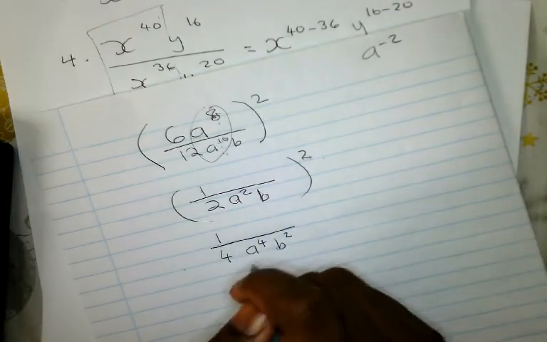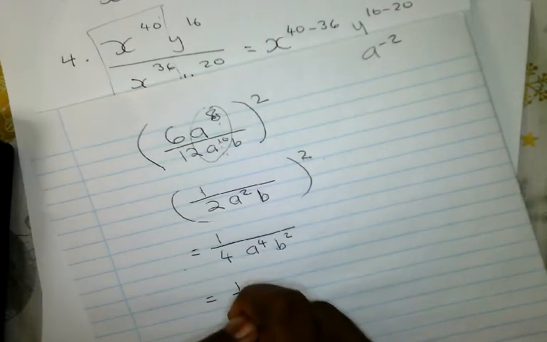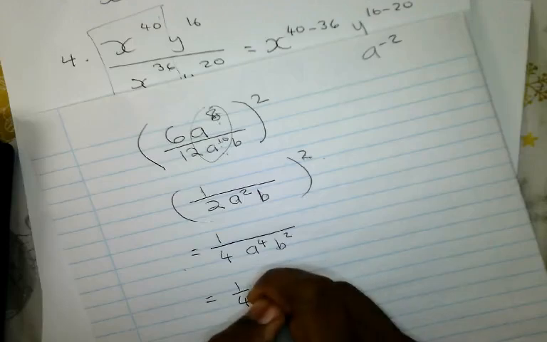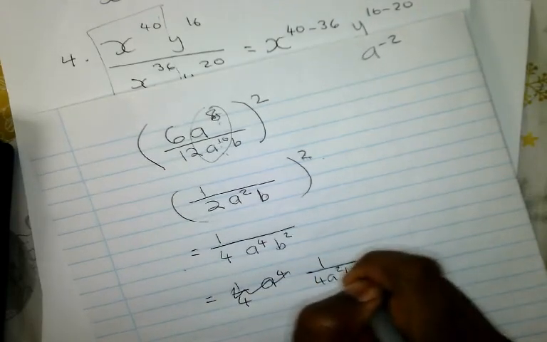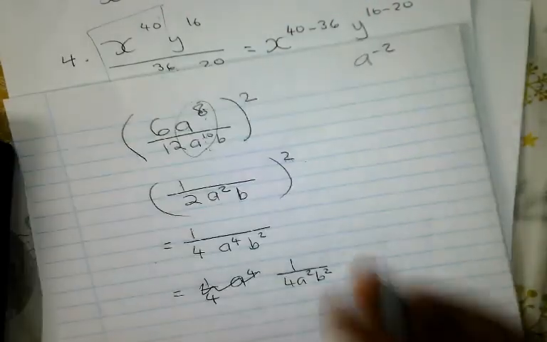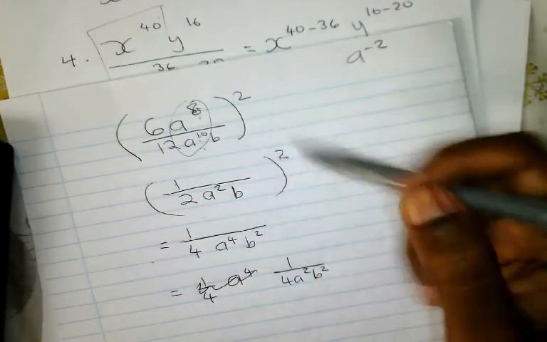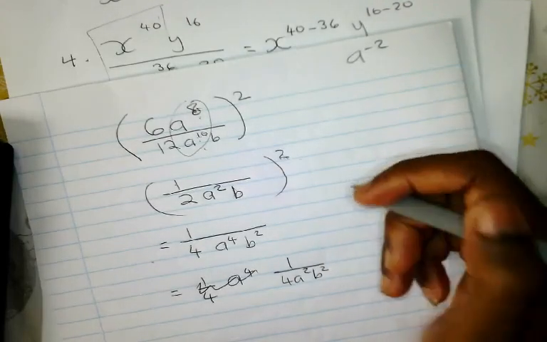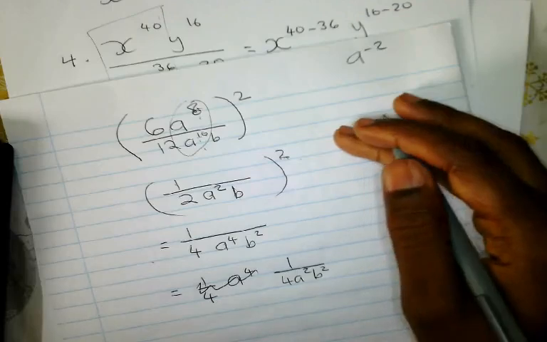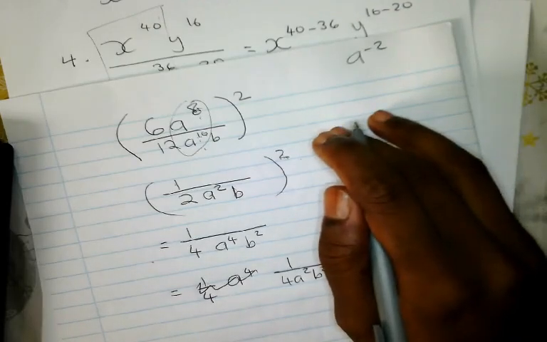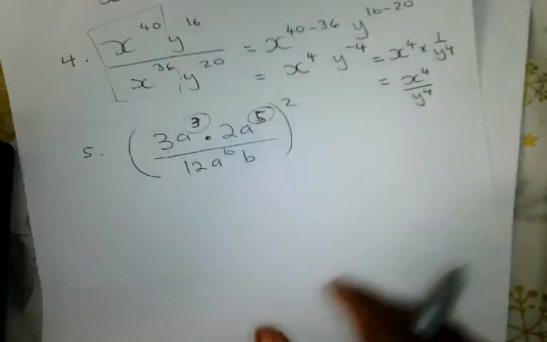So our answer is 1 over 4, with a^4 as a denominator, a squared, b squared. You can multiply in before you simplify, it works the same. But according to BODMAS, it's always easier to work inside the bracket before doing anything else.